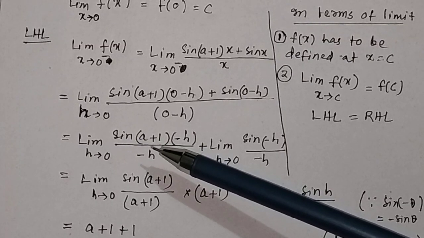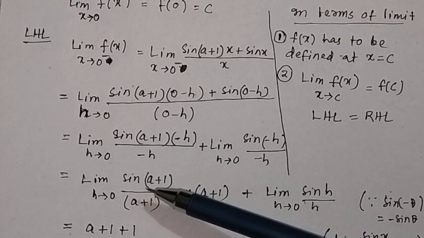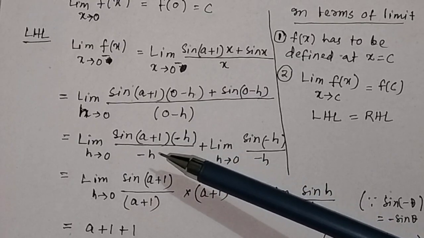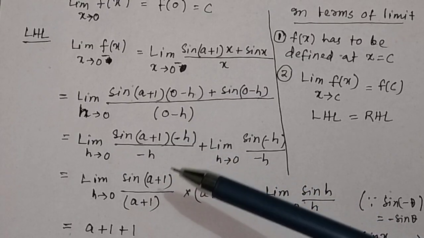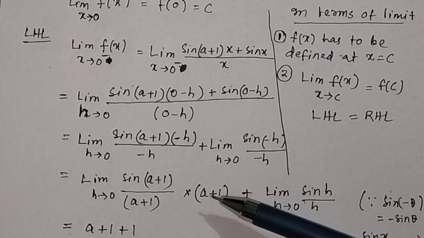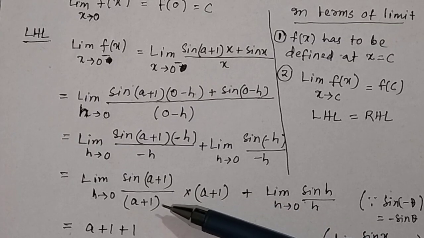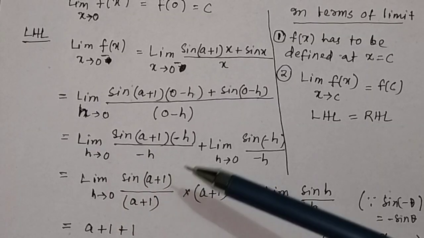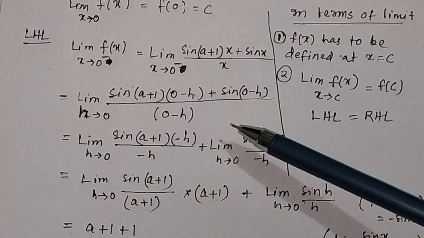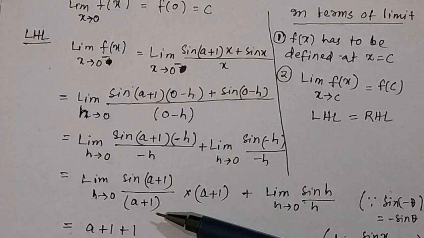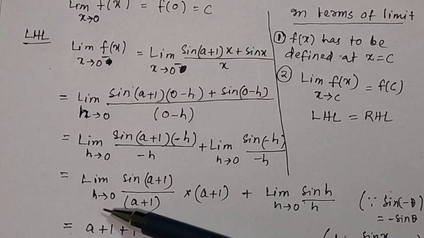And for the first term, here h cancels, and we have multiplied (a+1) in the numerator and (a+1) in the denominator. So this will be in the form of the limit of sin x divided by x as x approaches 0.